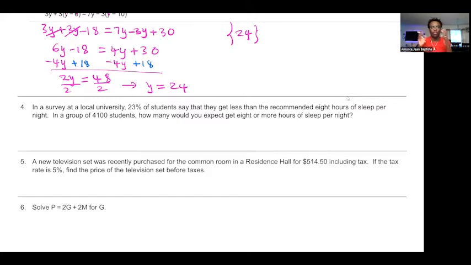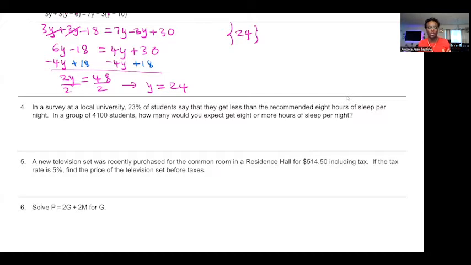Now, you have to understand when they give me that, they take the 4,100 students, split it into 2 sets. The set of 23% who get less than 8 hours of sleep per night, and then the rest, which would be either they have more or exactly 8 hours. So that's what they asked me to find. You have 2 ways to do that.